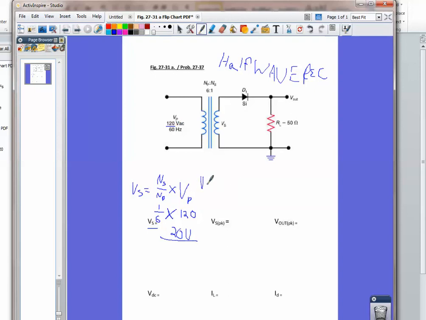So in this case, Vs peak is equal to Vs times 1.414, and the Vs is 20 times 1.414, and that gives us an answer of 28.28 volts.